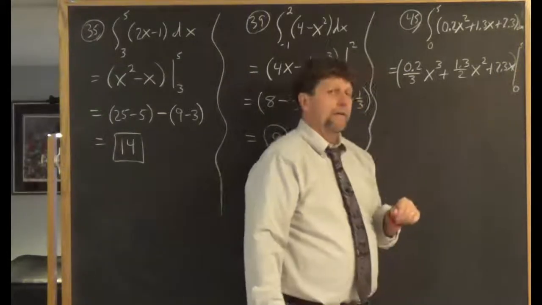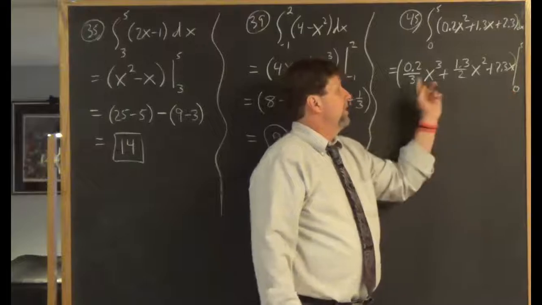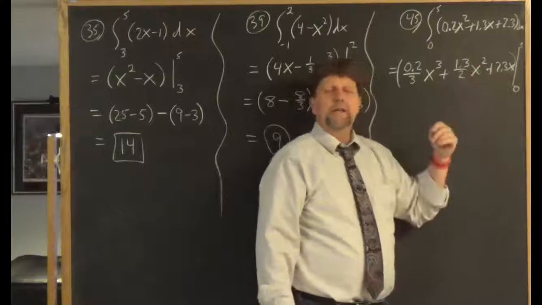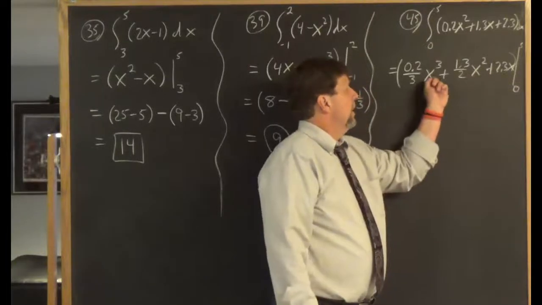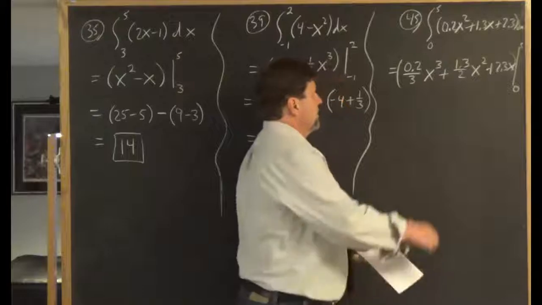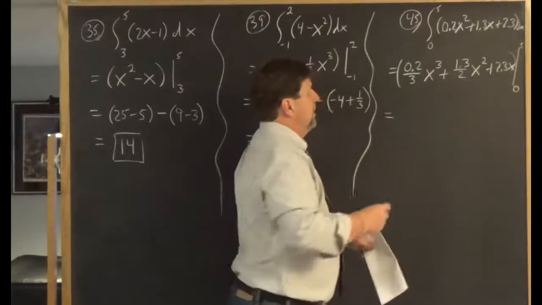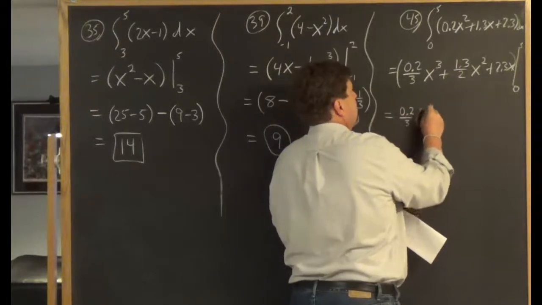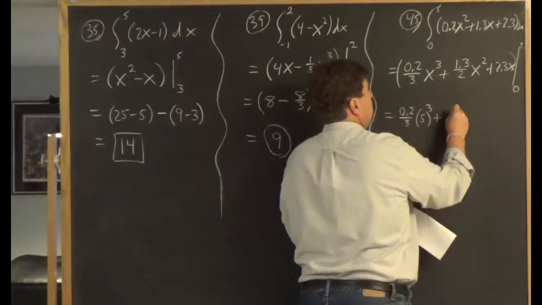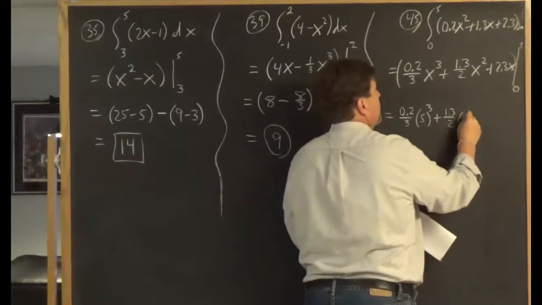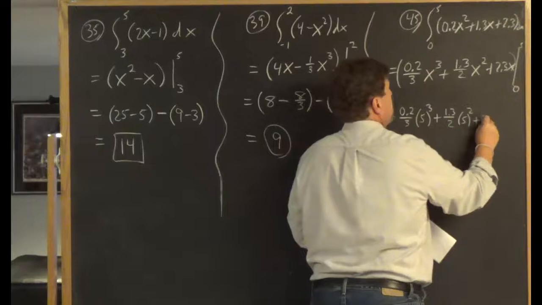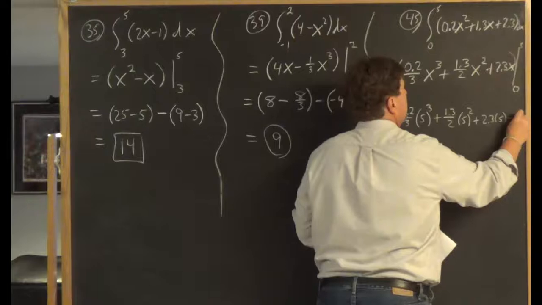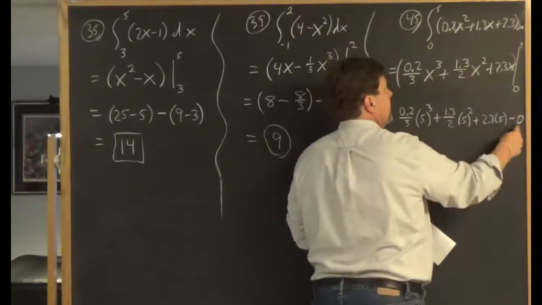Make kind of a mess there. Notice when the 0 goes in for the x's, I'm just going to get a 0, and a 0. Well, that's kind of nice. So put my 5 in for the x's, and well, let's see, 0.2 over 3 times 5 cubed plus 1.3 over 2 times 5 squared plus 2.3 times 5 minus 0 plus 0 plus 0 is 0.